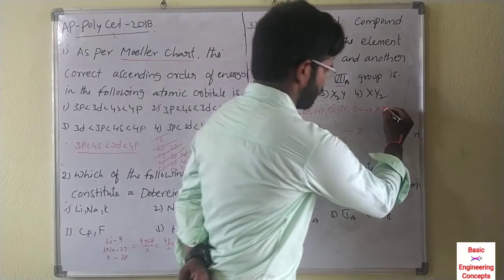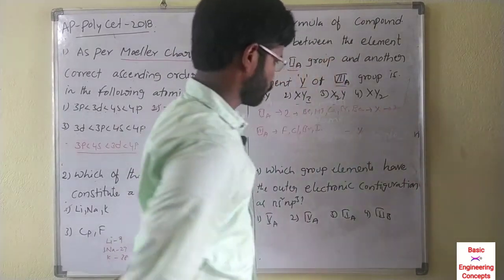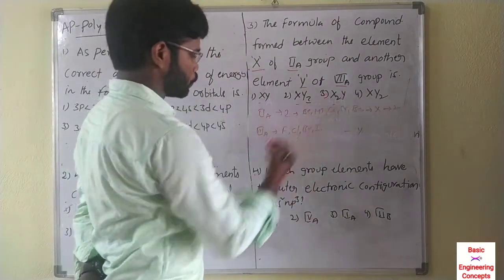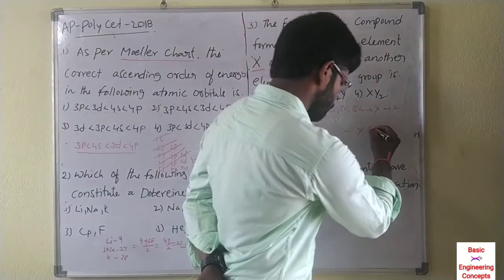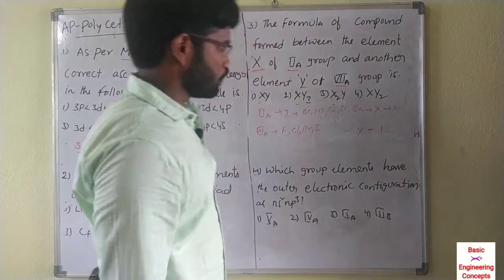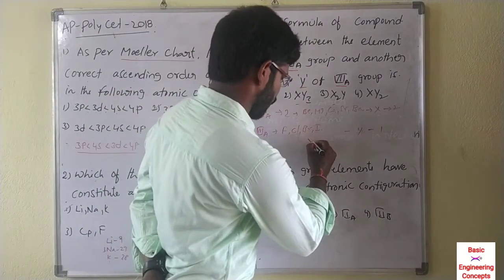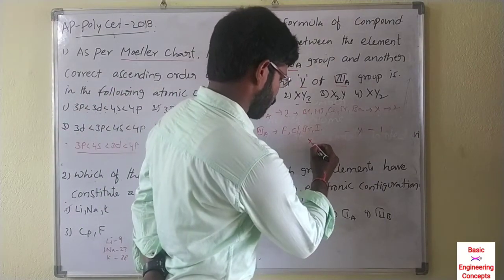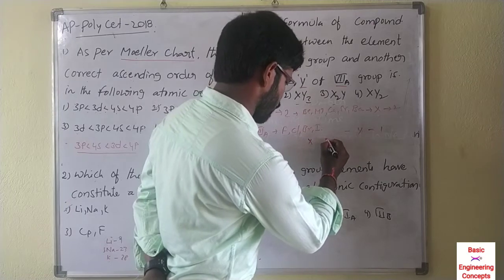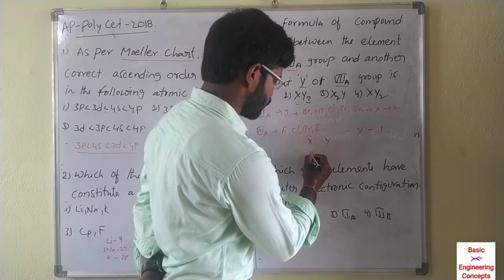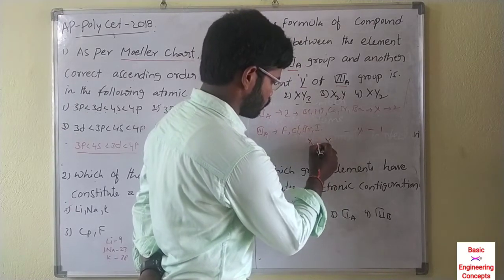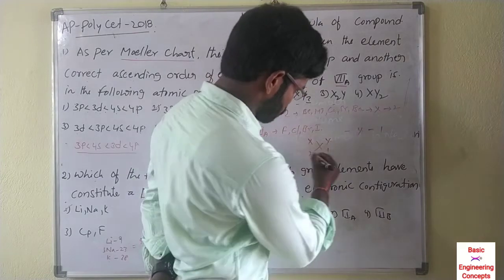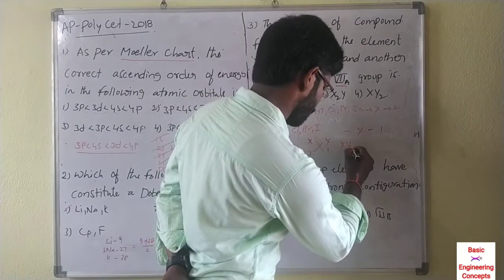Second group elements have valency 2, seventh group elements have valency 1. So X has valency 2, Y has valency 1. By cross multiplication we can write XY2.